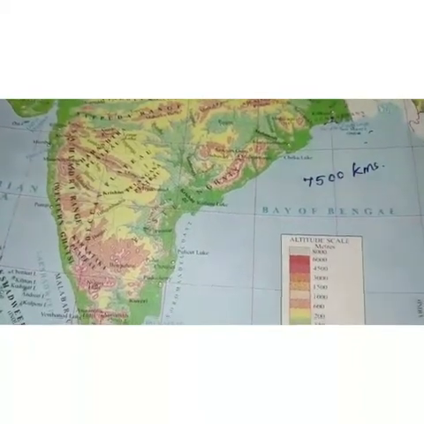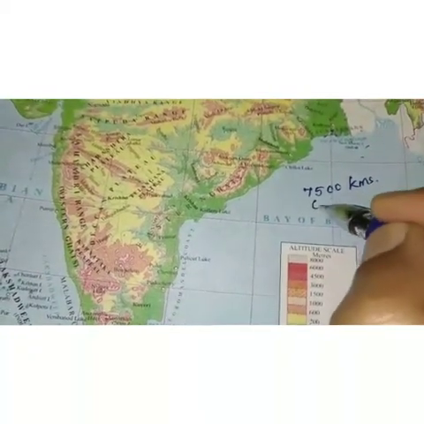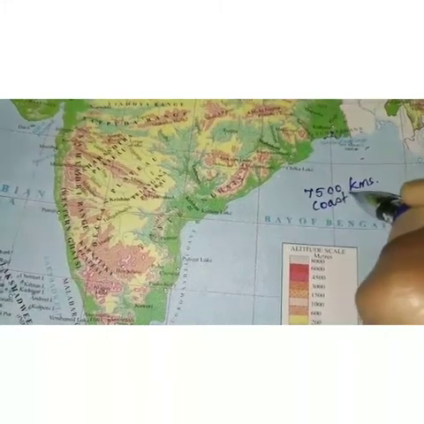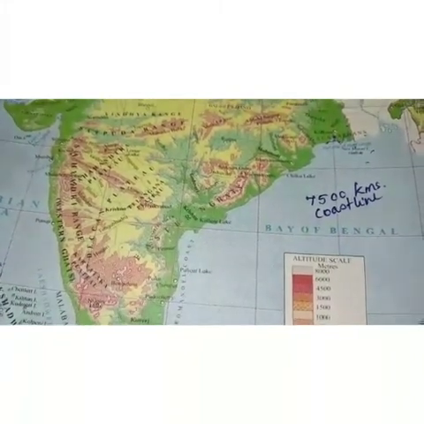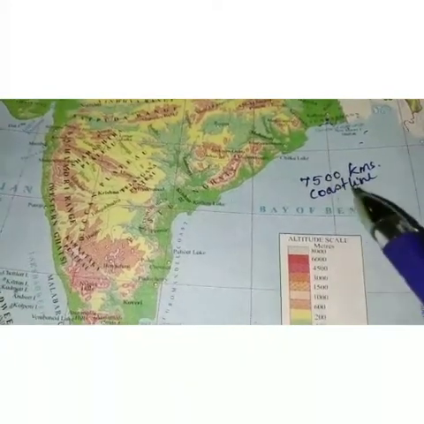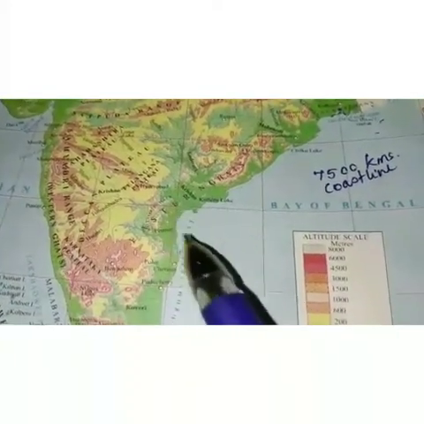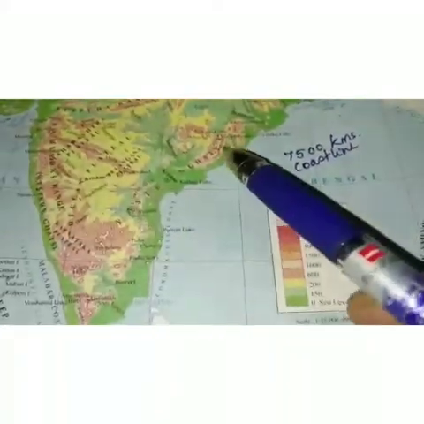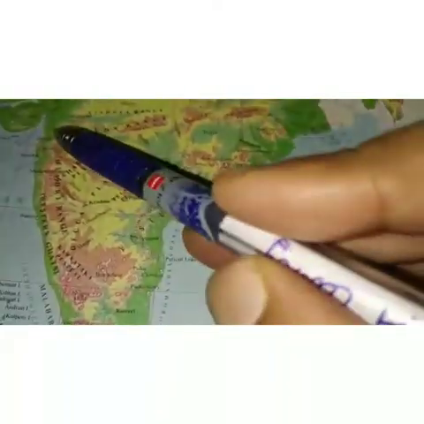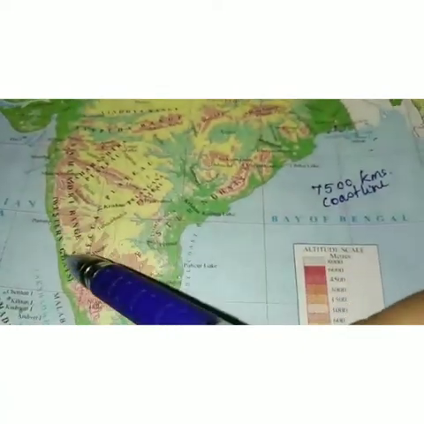Let us study the coastal plains of India, the Western Coastal Plain and the Eastern Coastal Plain. Observe these coastal plains. Both have remarkable differences.